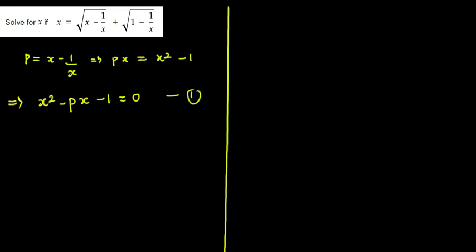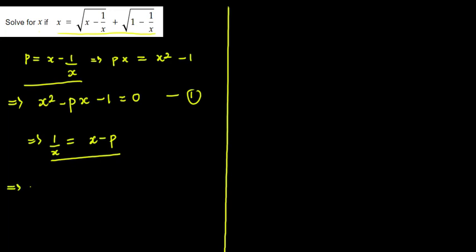Now, since p is equal to x minus 1 over x, it implies that 1 over x will be equal to x minus p. So we're going to put p is equal to x minus 1 over x and 1 over x is equal to x minus p back into the original question that we have.